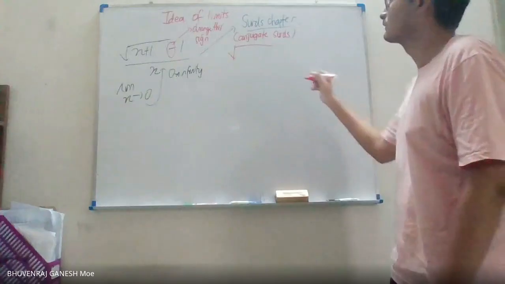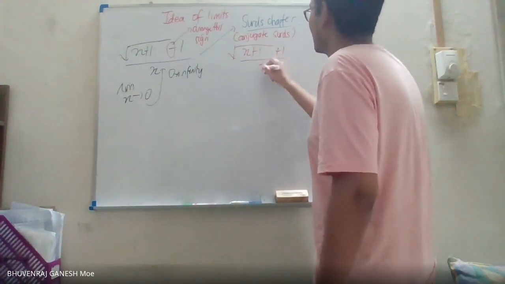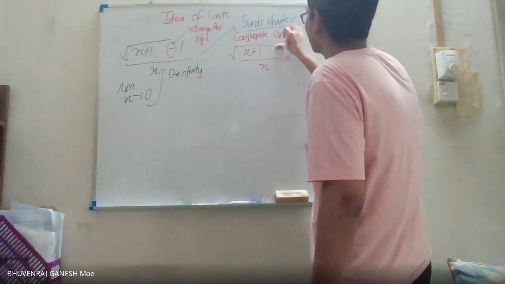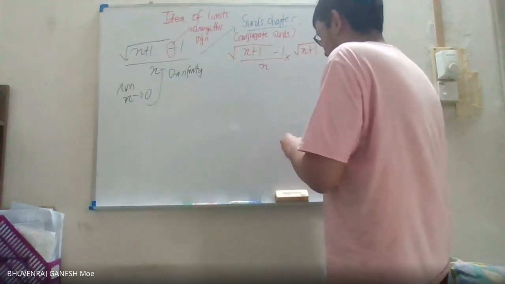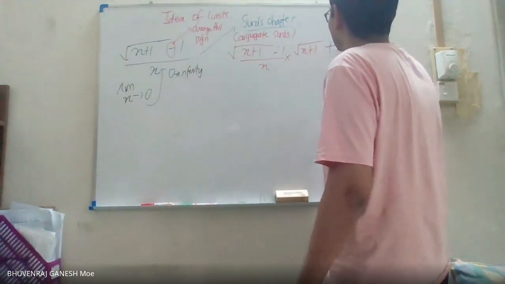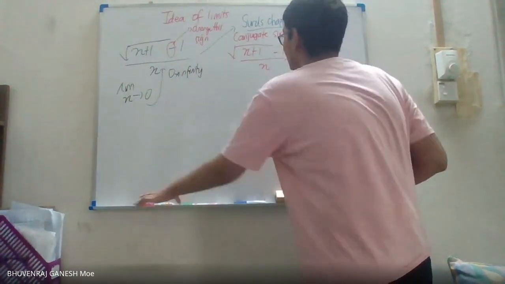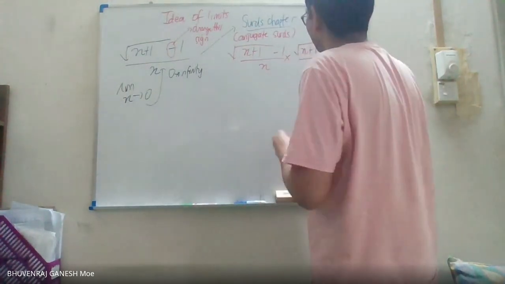So surd x plus 1 minus 1 over x, times, here we put plus. The difference is the plus here: surd x plus 1 plus 1, over surd x plus 1 plus 1.